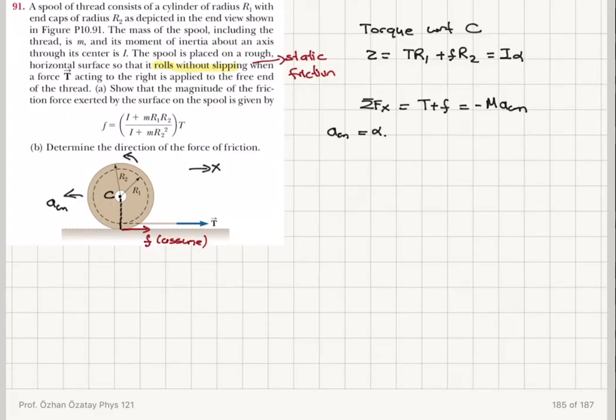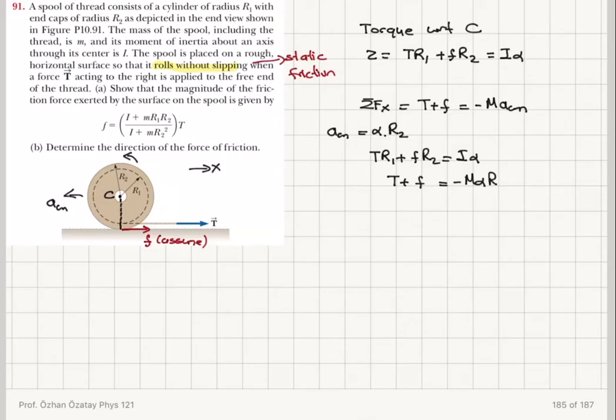And because it's rolling without slipping, acceleration of the center of mass should be equal to alpha times r. So alpha times which r? Alpha times r2.